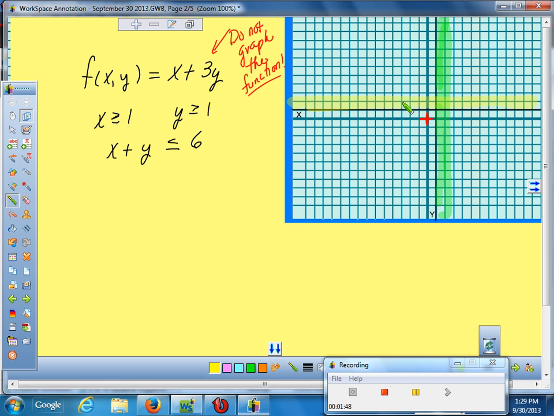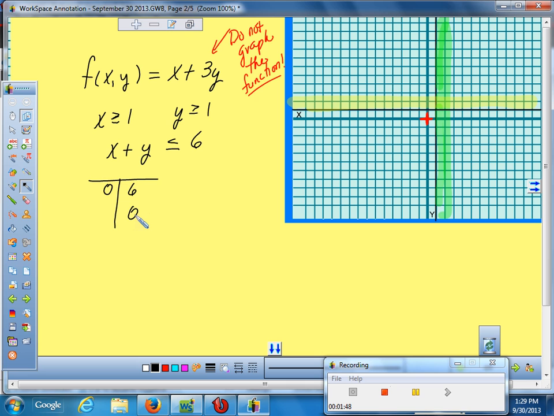Then I've got one more line to graph, but this one actually has 2 variables. So how do I graph x plus y is less than or equal to 6? In this case, you could solve for y pretty easily, or you can use a t-table. This one's super duper easy too, because if you put 0 in for one variable, what's the other variable going to be? 6.